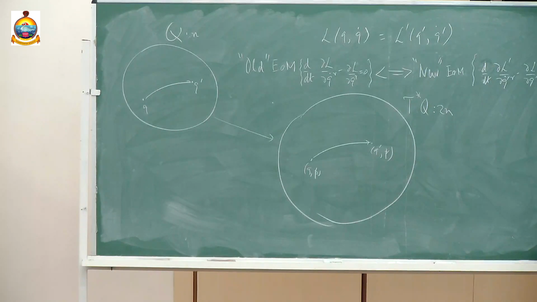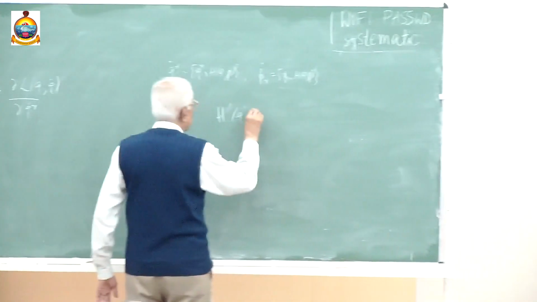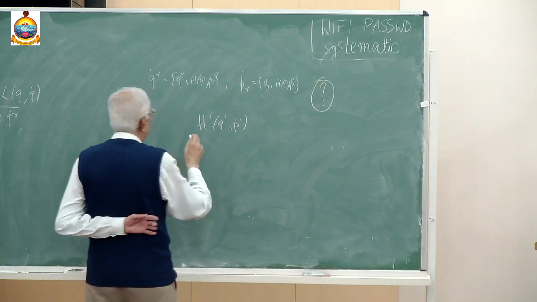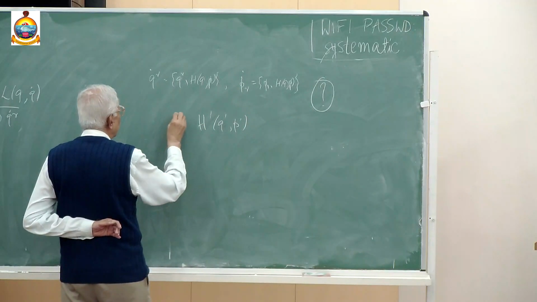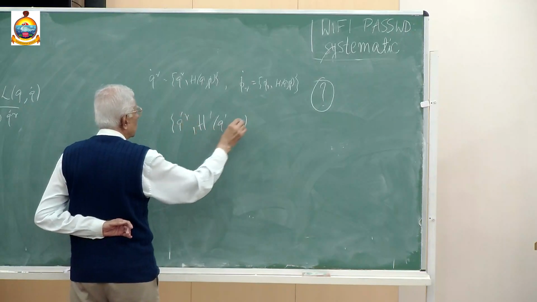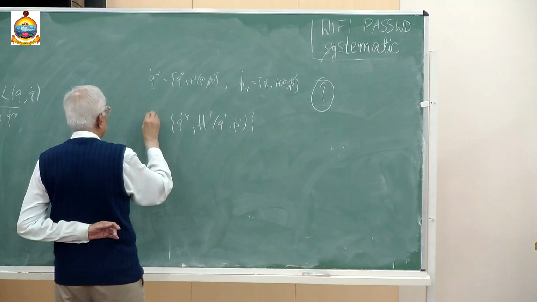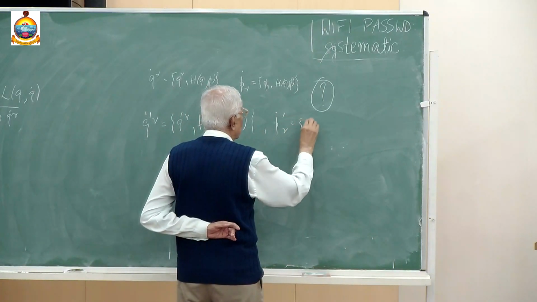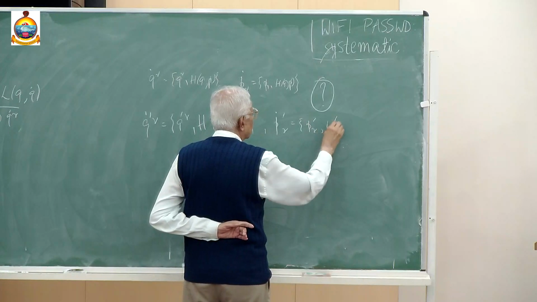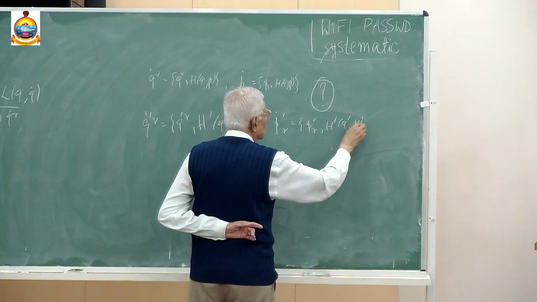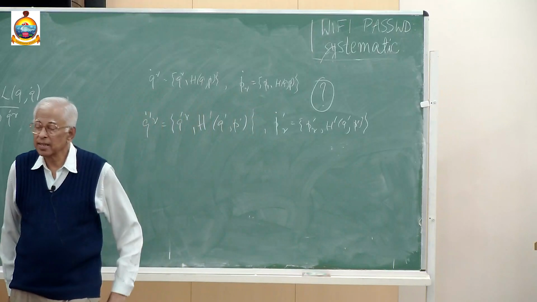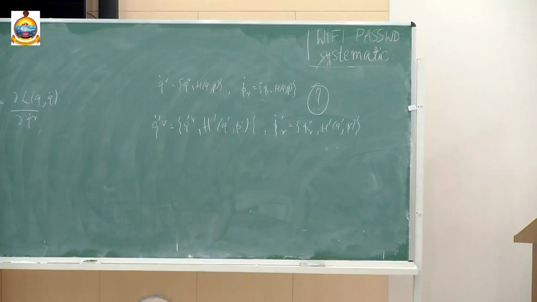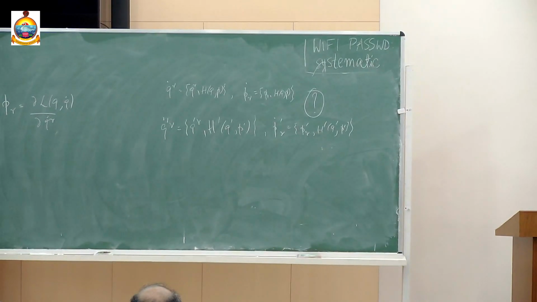This is the question now: is it possible to find a Hamiltonian in one way or the other such that the same physical content, the old equations of motion, can be written again for a suitable choice of new Hamiltonian using the Poisson bracket idea?